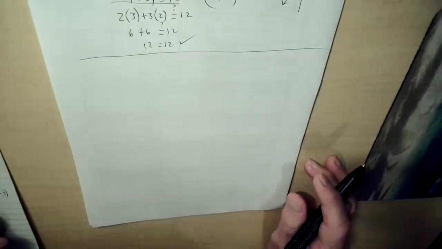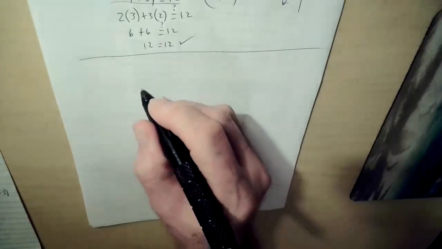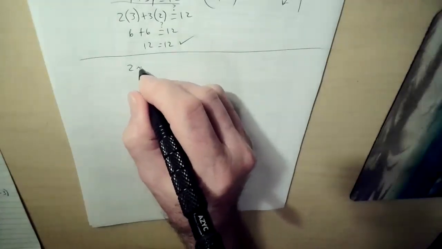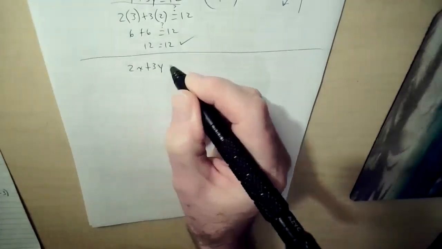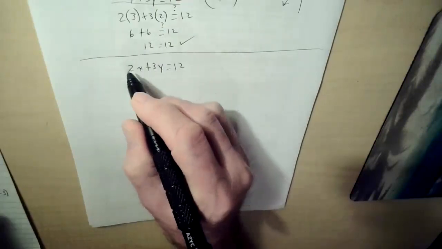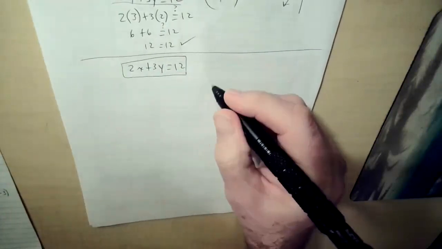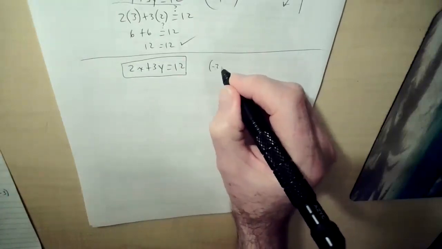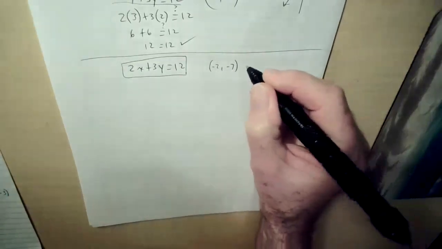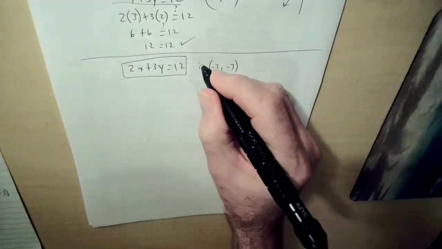Let me do another one of those just for fun. Let's use the same equation, 2x plus 3y equals 12. Is (-2, -7) a solution?